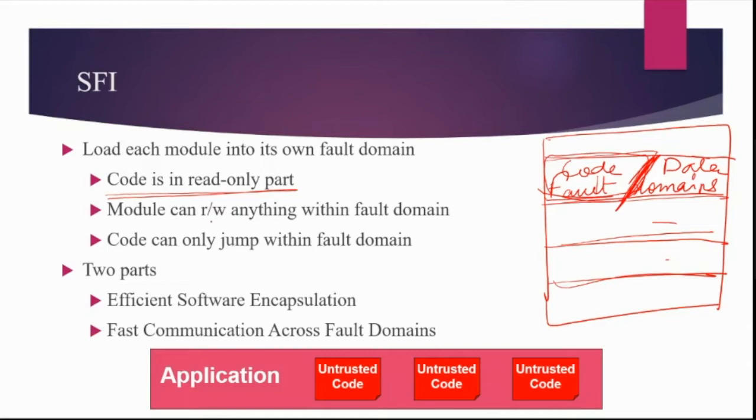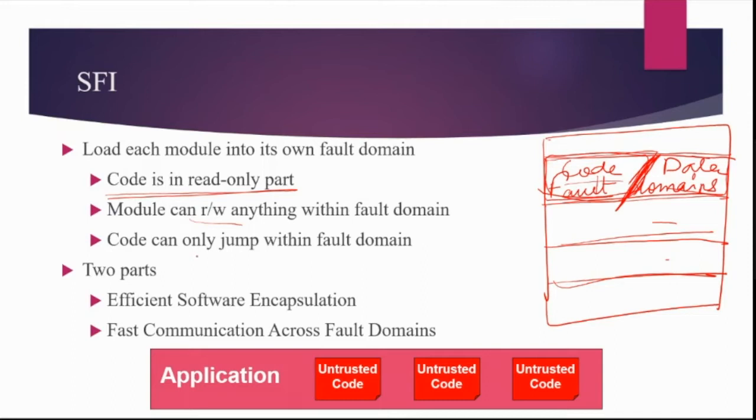Second, the module can read and write anything within the fault domain, since this is under our control. If we say this is the memory location I am assigning to the untrusted code, we tell the untrusted code: you can do whatever you want, but remain within these boundaries. Don't go beyond them.